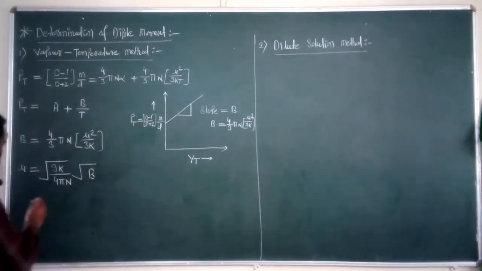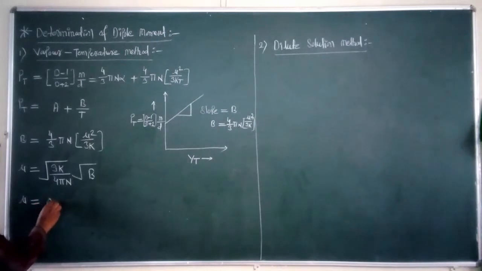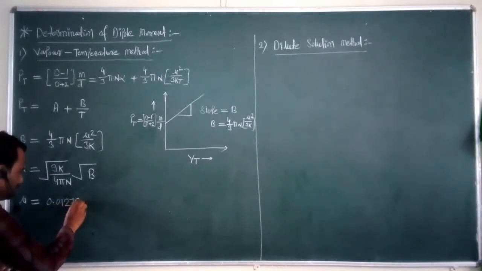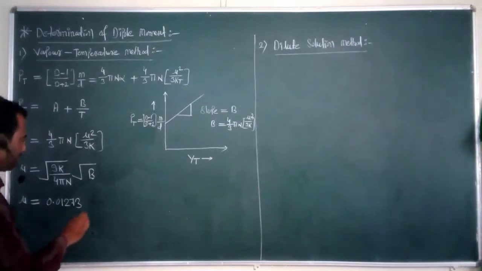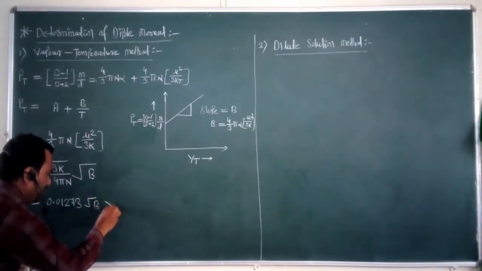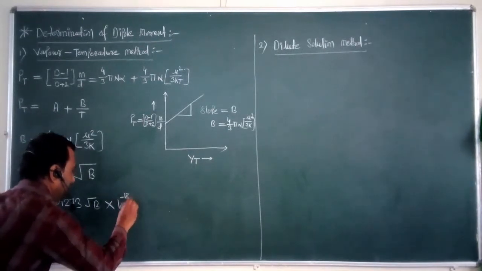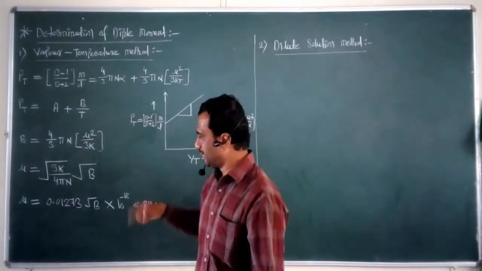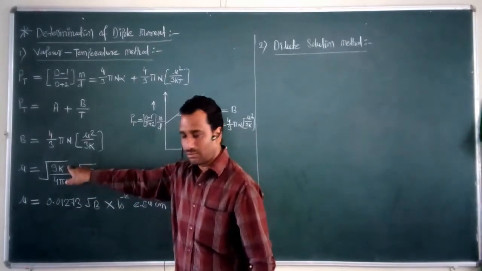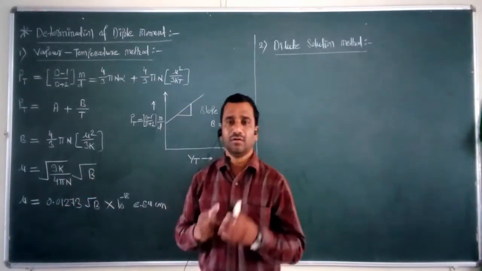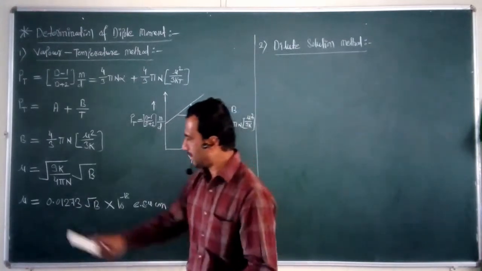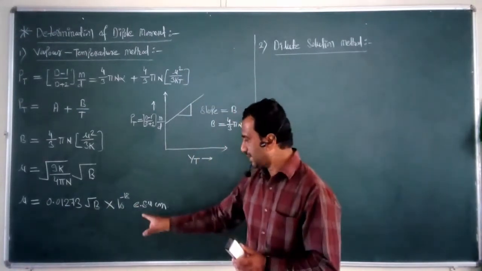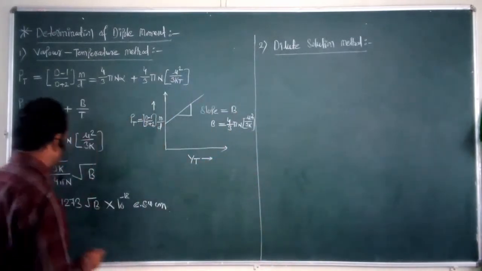Mu is equal to 0.01273 under root B into 10 to the power of minus 18 ESU centimeter.